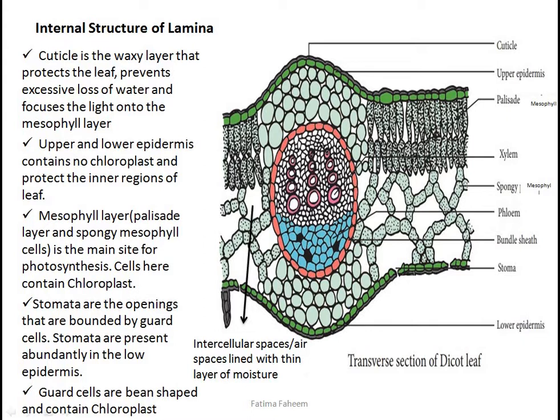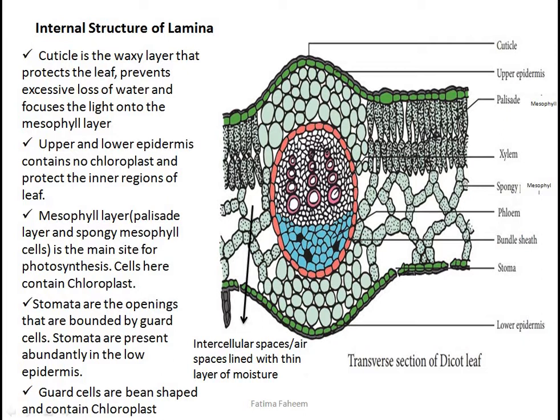That means they do not have chloroplast and they cannot conduct photosynthesis. So what do they do? They are transparent, so they focus the sunlight on the surface of the leaf. They also protect the inner parts of the leaves from mechanical injury, since they are the outermost layer.